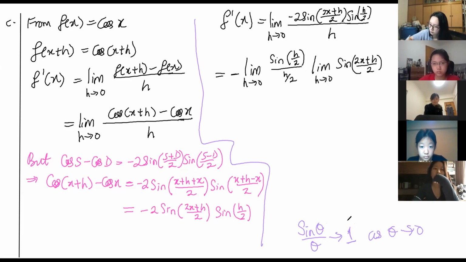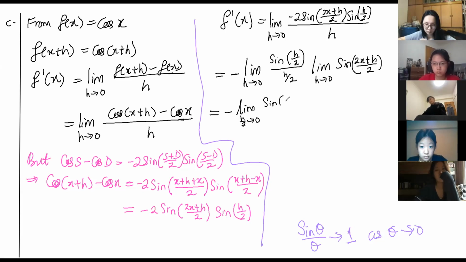Remember this. Do you remember this? Yeah. Okay. So I'm going to write it again as the limit as h over 2 tends to 0 of sine h over 2 divided by h over 2, which will give me 1. The other part is just direct substitution. Why can I substitute directly?